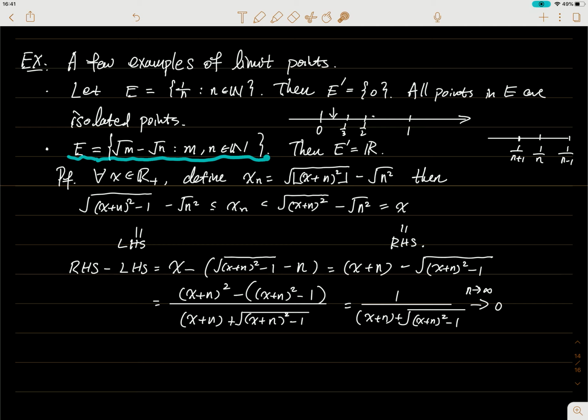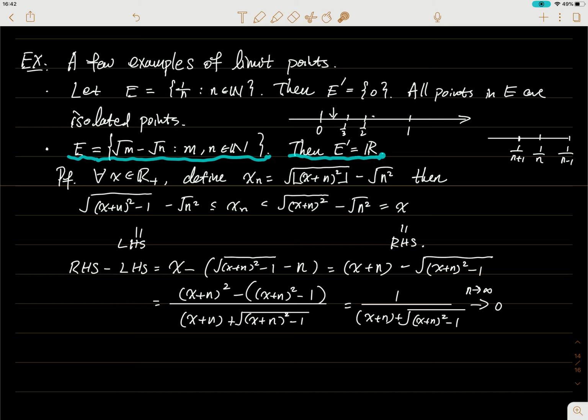What I'm trying to claim here is that the set of limit points is all the real numbers. That means every real number can be approximated by a sequence of points in E. To show this, I just need to show that every positive real number can be approximated by a sequence of points in E.